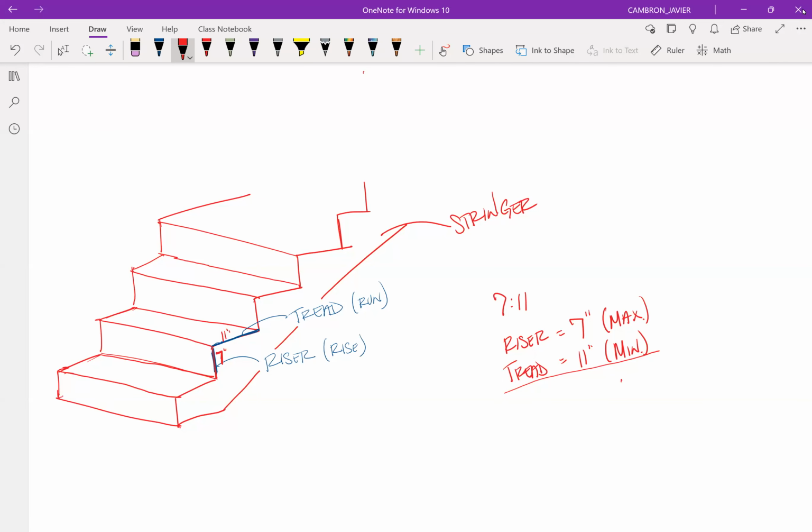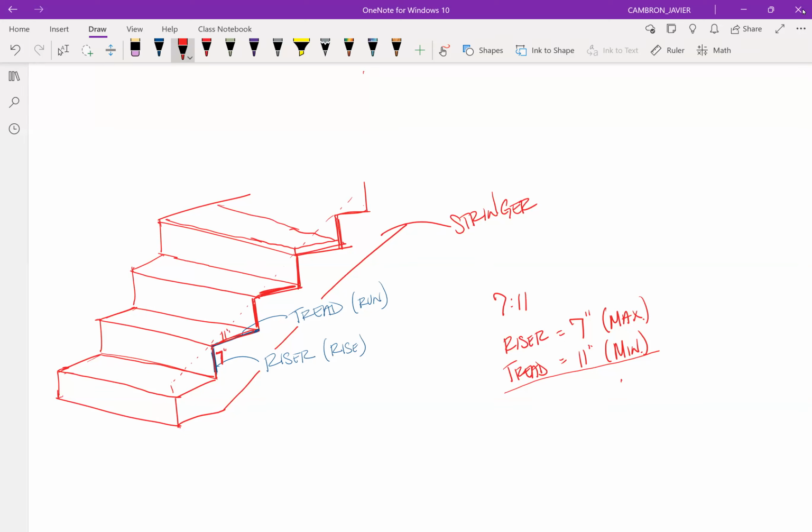That's essentially going to be maybe like a 2x12, and they will notch out the portion for the riser and the tread. So they actually cut that out. And then you lay your new piece of wood above that, okay? And that's how we create the stairs.